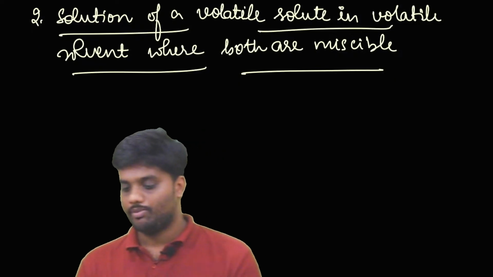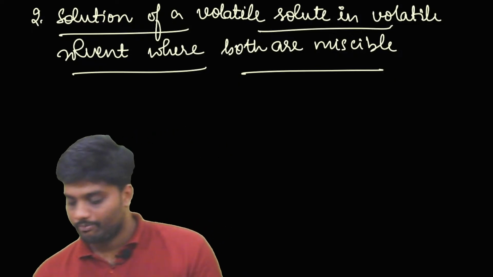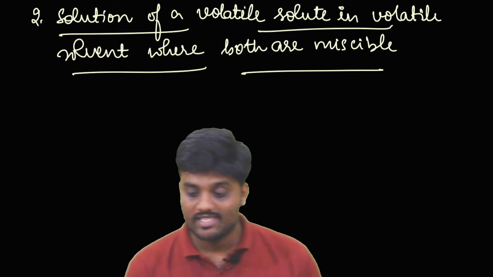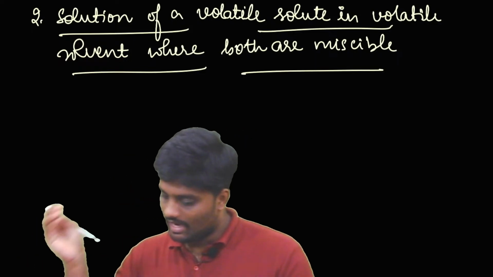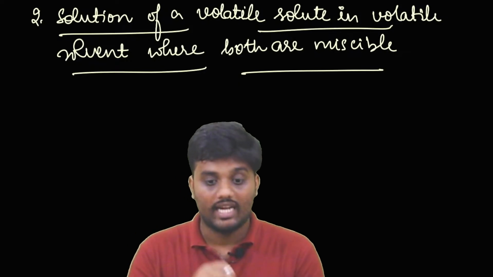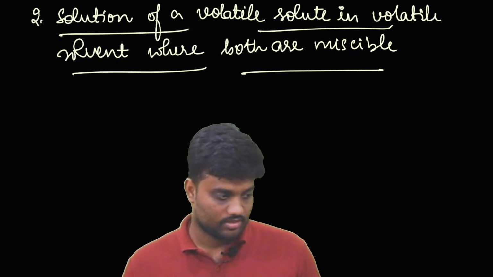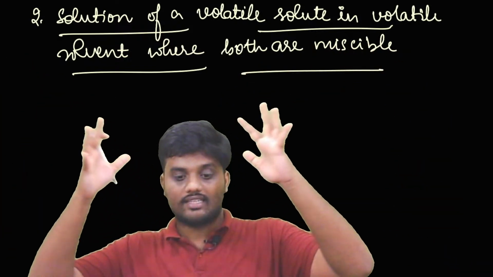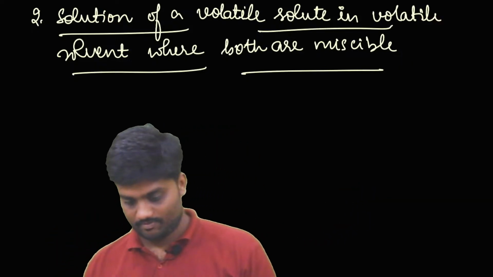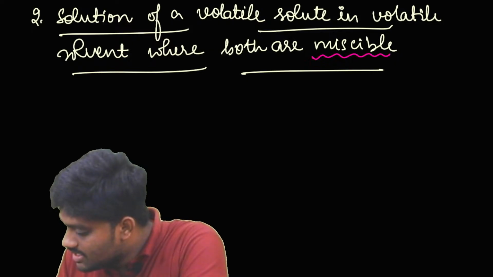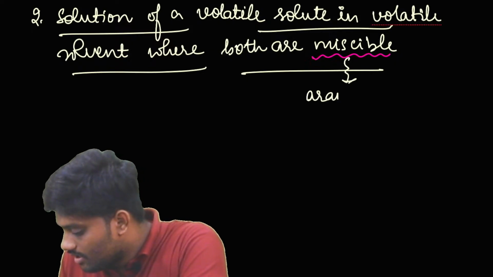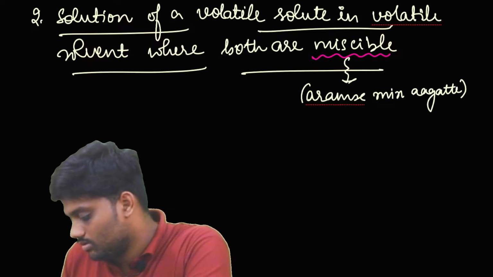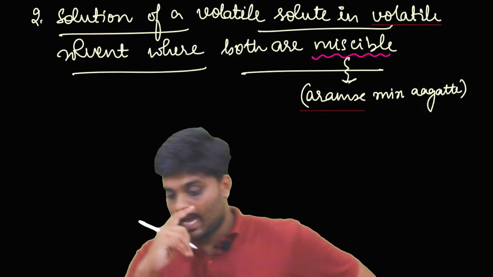Okay, come to the new topic. Now see, solution of a volatile solute in a volatile solvent where both are miscible. I am adding a volatile solute and a volatile solvent, both are getting mixed. Both solute and solvent will vaporize. Miscible means they mix easily.